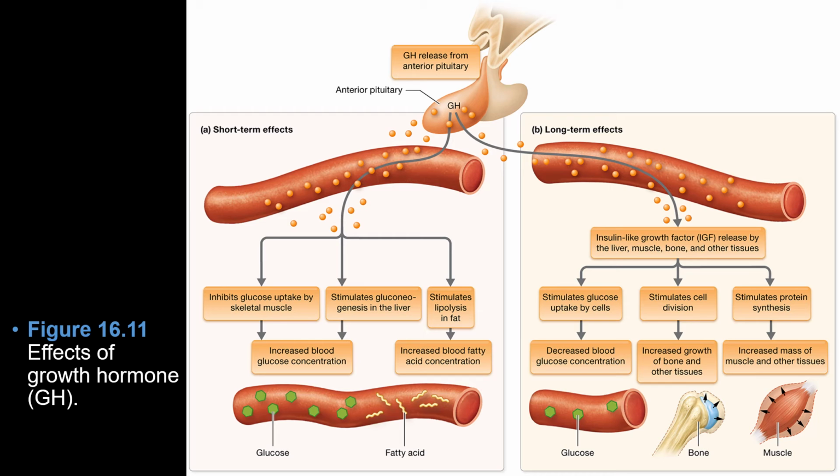IGF affects nearly every cell type in the body, where it will trigger rapid protein synthesis and cell division, leading to increased longitudinal bone growth, as well as muscle development in children. It also decreases blood glucose concentration by stimulating glucose uptake by cells, which is really the opposite action of acute growth hormone release.